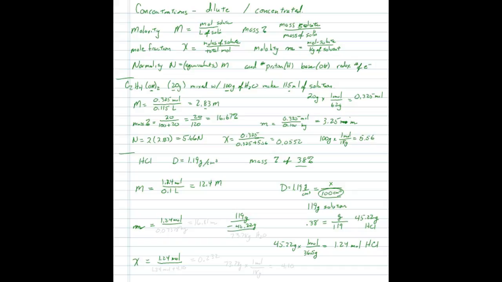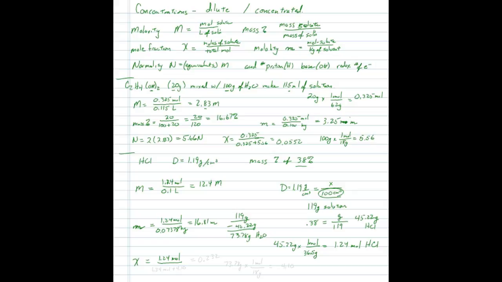So subtract those, you get 73.78 grams of water. Change that to kilograms, move it over 3 places, 0.07378 kilograms, which will give you, doing the division, 16.81 molal.